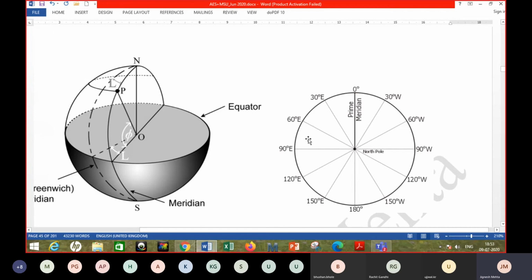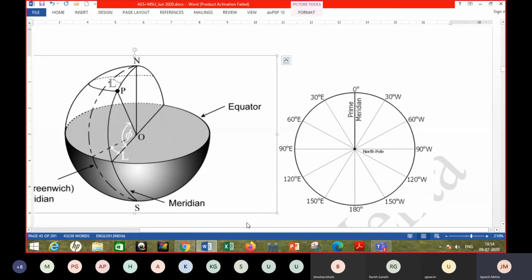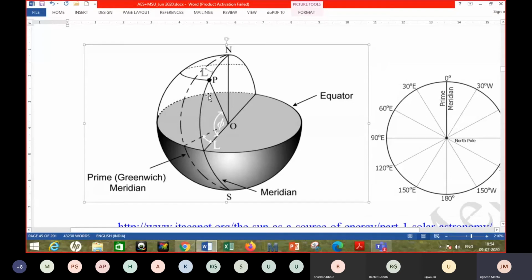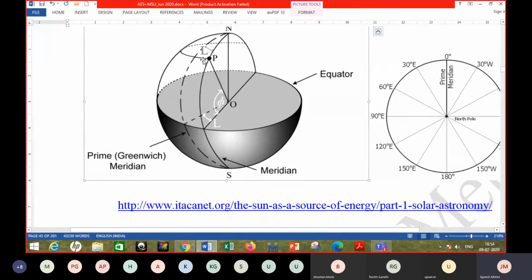And if you are in between, then you are assigned that many degrees east or that many degrees west. So that's about latitude and longitude. If you want to show it in a diagram, then it will be like this.